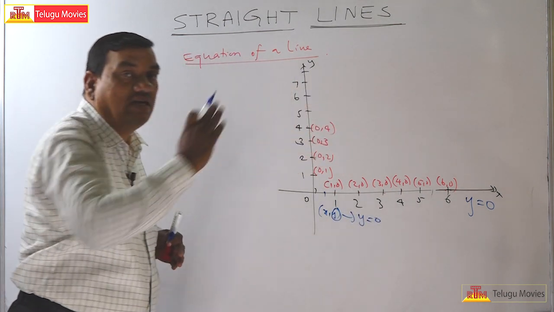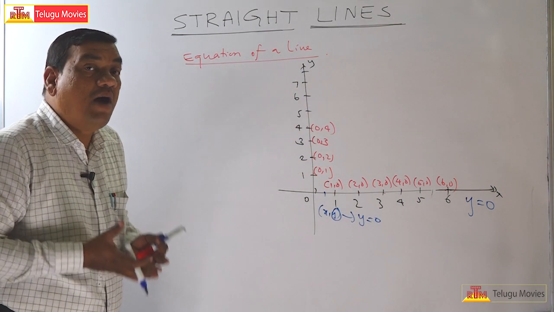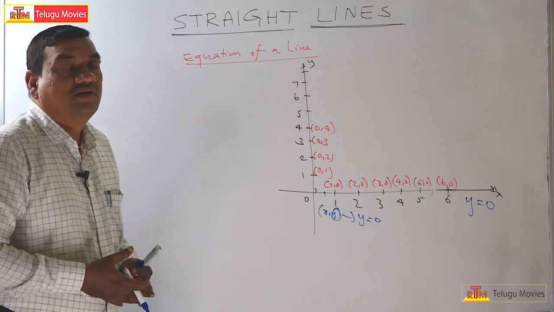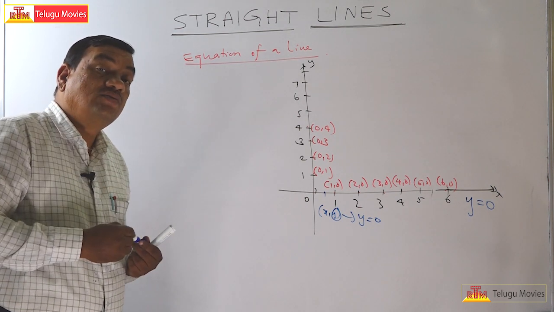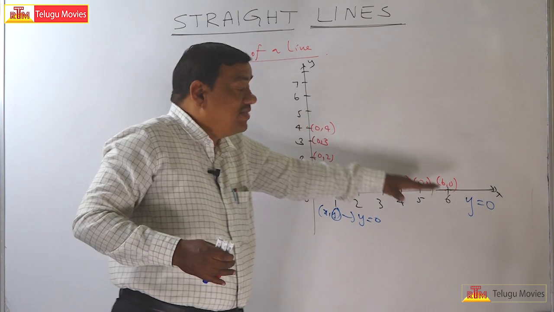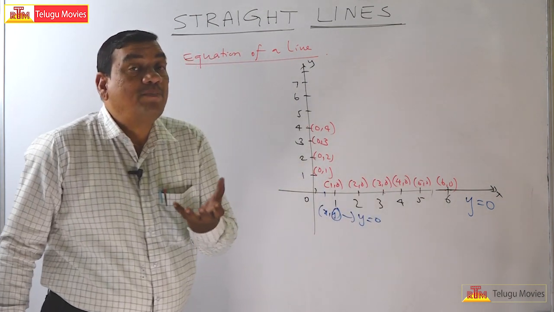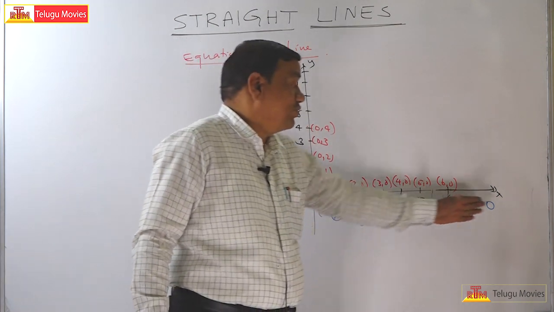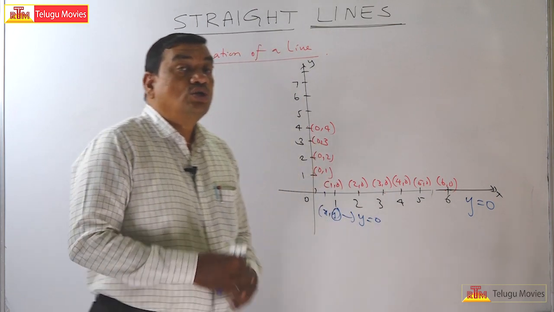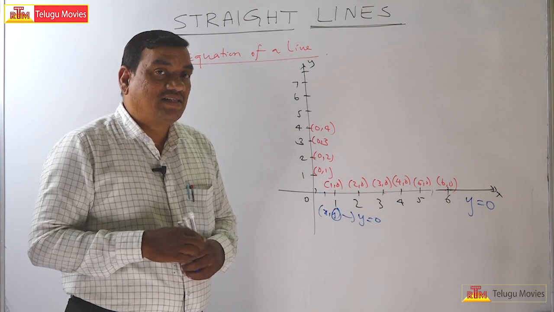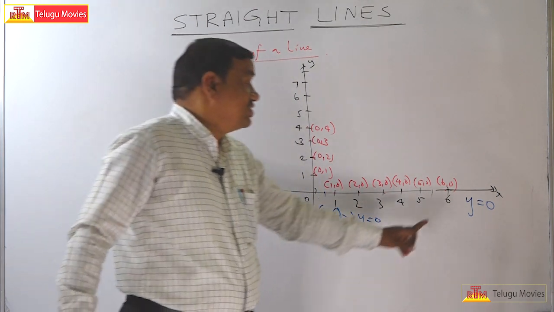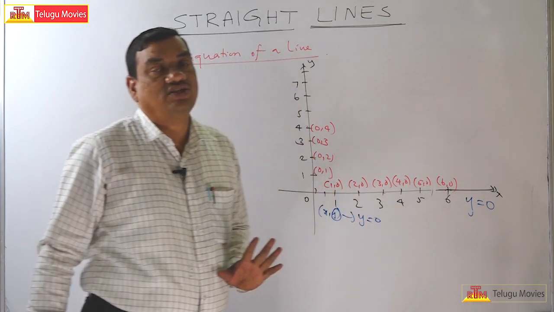That is the common property of each and every point which lies on the x-axis: y is equal to 0. Understand? So if you take any point on the x-axis, that point satisfies this equation, y is equal to 0.